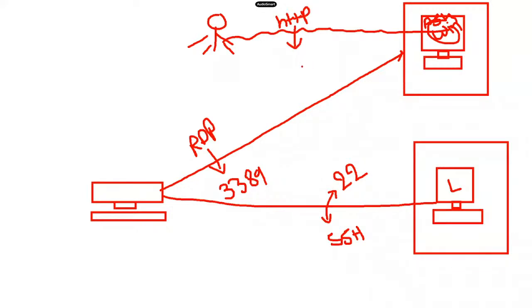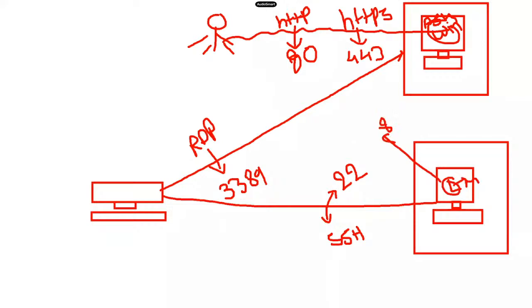Anyone? 80. And HTTPS, with SSL, is 443. If you deploy a Java application, to access it from outside, we have to enable 80 and 443. Same. Got it? So far it is good.